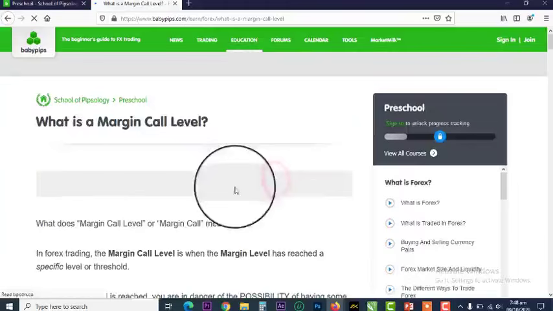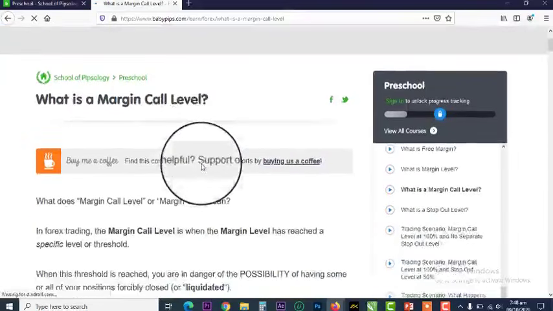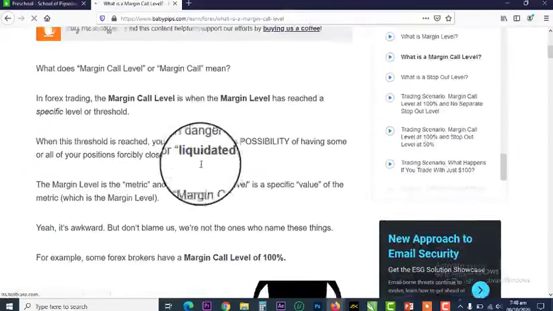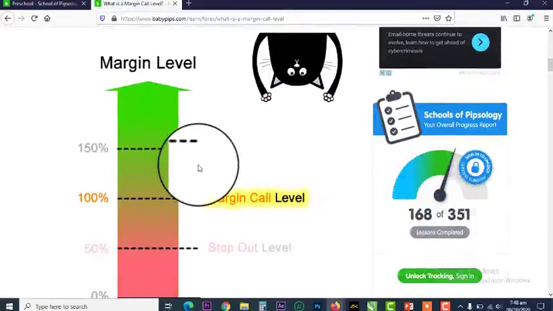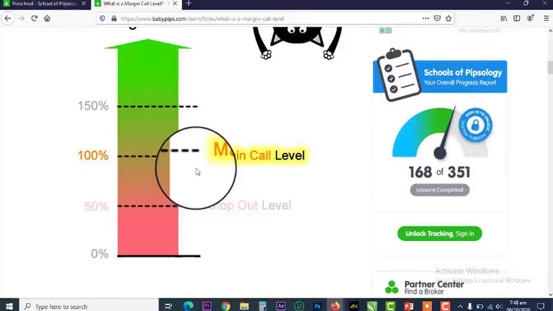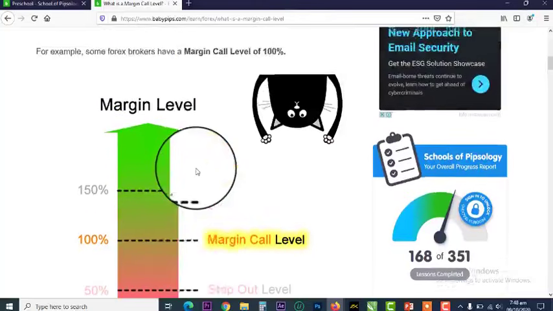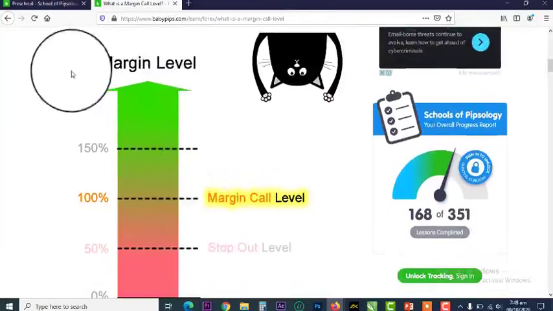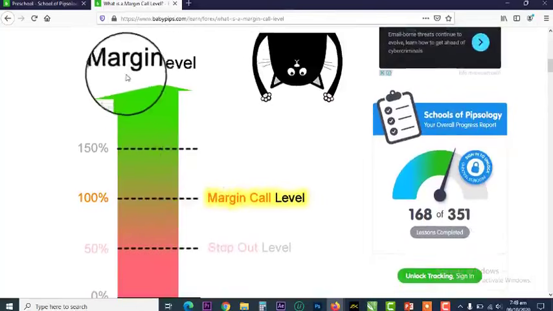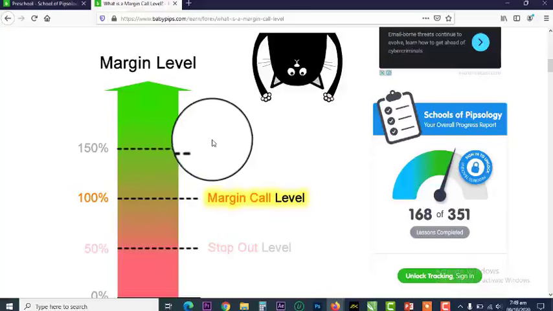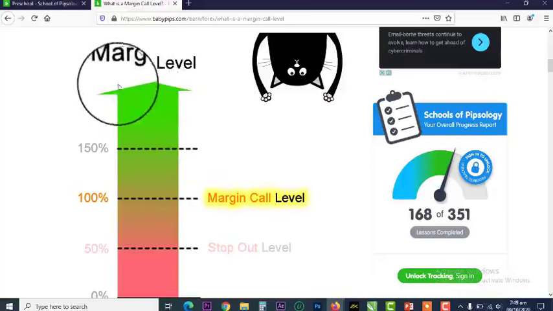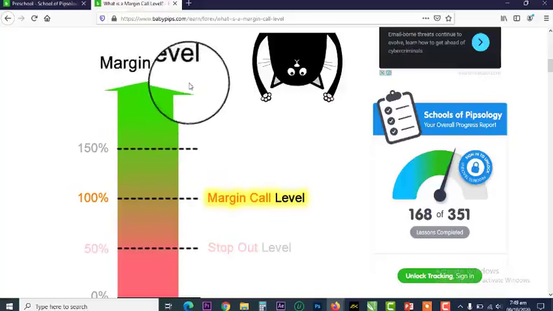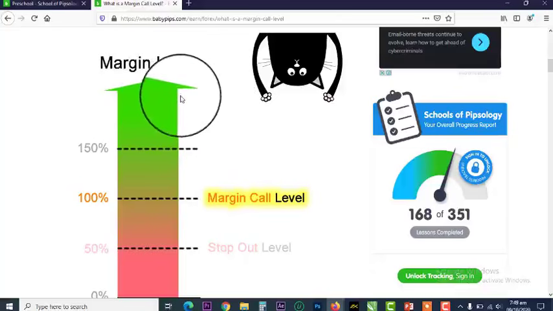Okay, here we go. What is a margin call level? Now, a margin call level is a situation whereby your trades, right, are going negative. Like you are from 100 or 200 margin level, which is a peak, and you are trading on a live market, and then you are in so much loss, right?